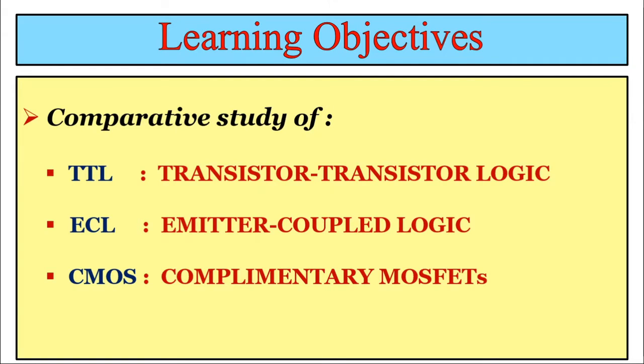In the previous lecture, we have discussed the characteristics, advantages and disadvantages of the TTL logic family. In this lecture, we will discuss the remaining logic families, such as ECL and CMOS logic families, and the comparative study of TTL, ECL and CMOS.